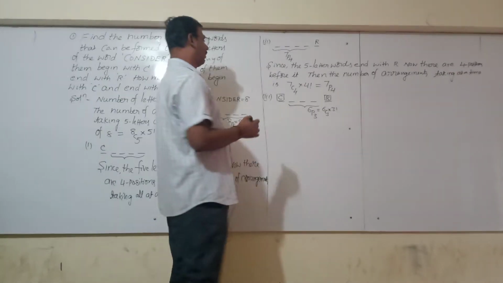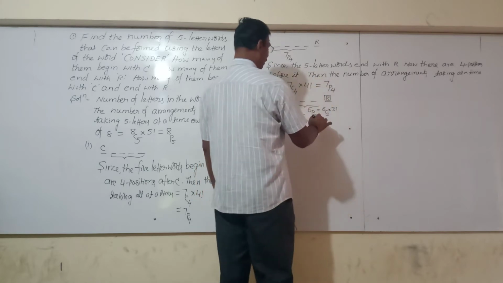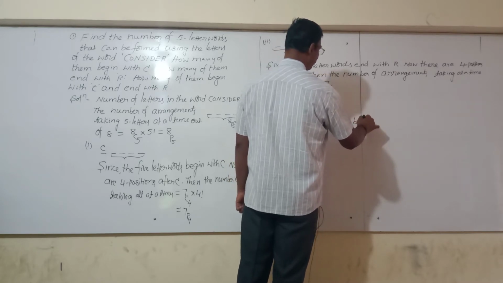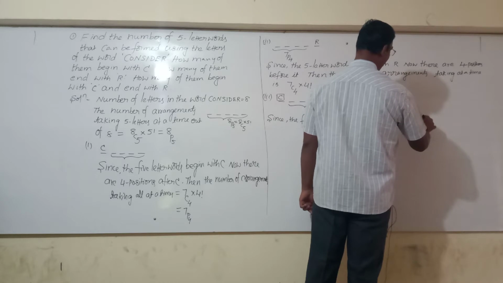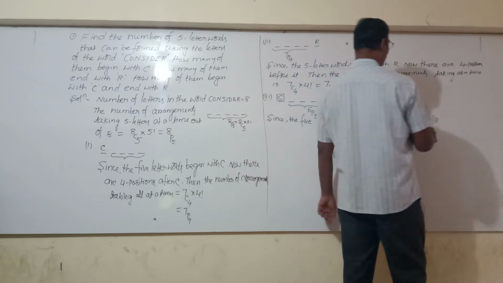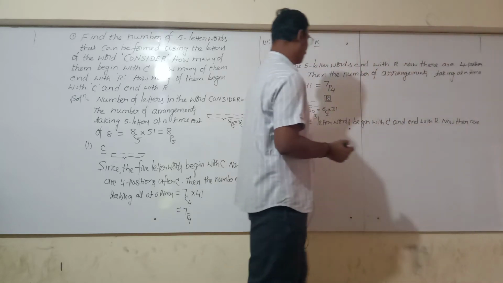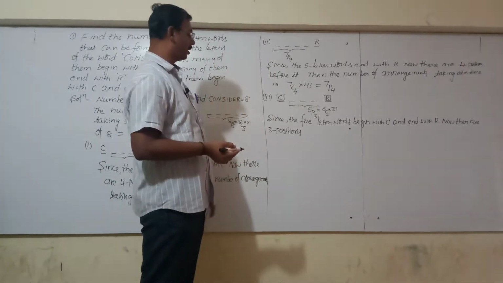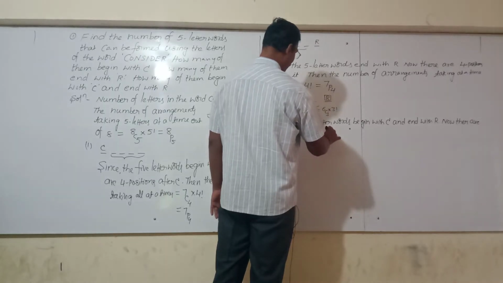Now we should write: since the 5 letter words begin with C and end with R, now there are 3 positions in between them.